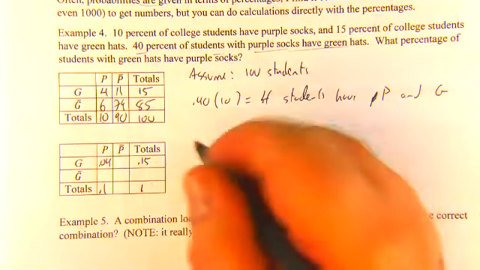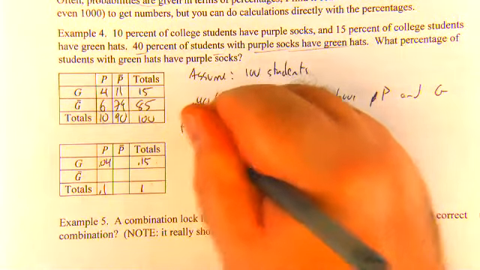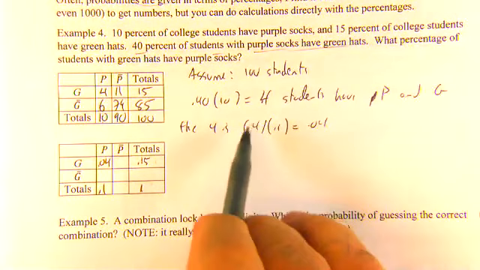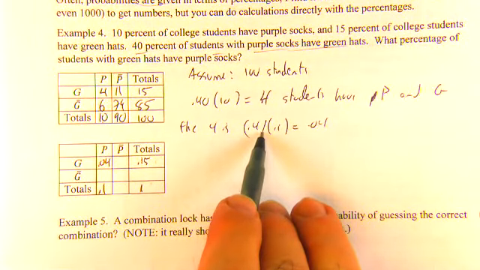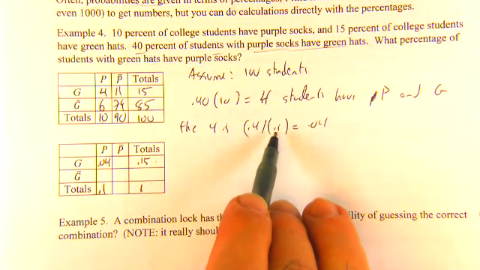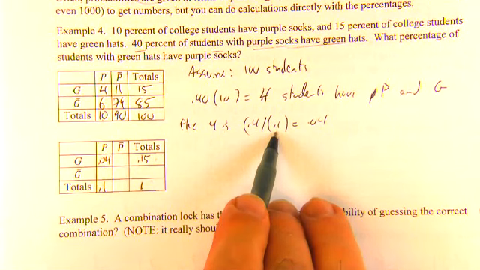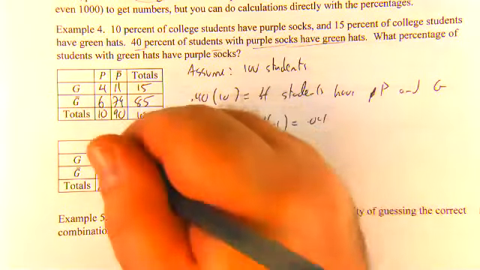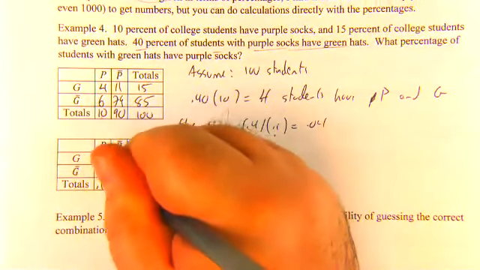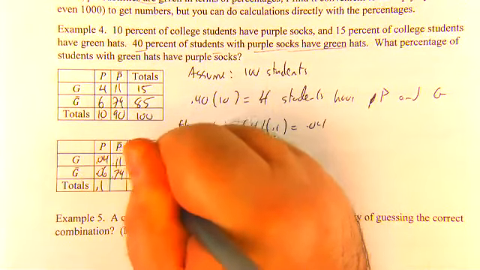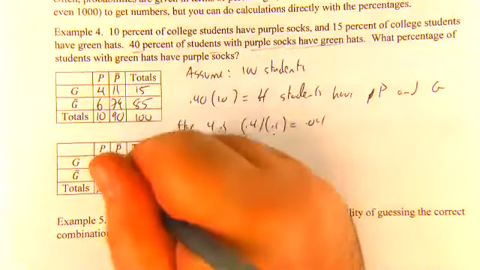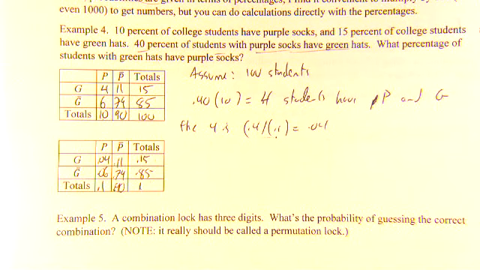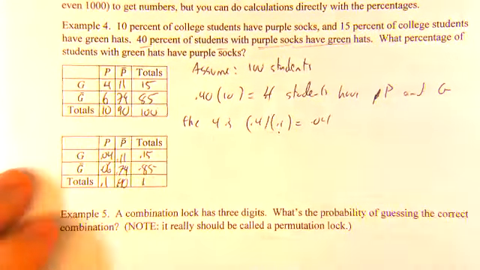So for this 4, take the percentage of students that have purple socks and then multiply that by the percentage of people with purple socks that have green hats, and that's 0.4, so that gives me my 0.04. And then 0.11, 0.06, 0.79. The table here is just everything up there divided by 100. It's easier for me sometimes to think about these things in terms of 100 students instead of in terms of percentages. So that's why I do that.